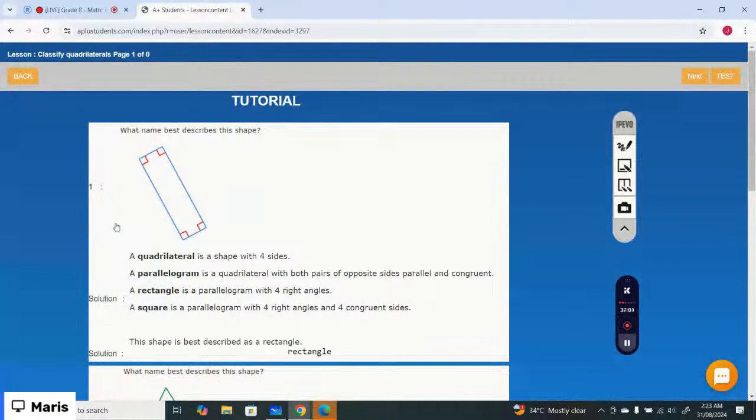The correct option is rectangle. It is right. Okay, so let's just start with the test questions.